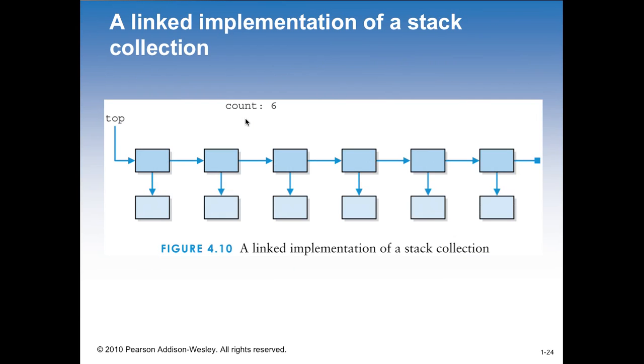So this is what it would essentially look like. A linked implementation of a stack collection looks like our array, except we don't have index numbers for each one. Instead, we just have the top of the stack, which is all we're concerned with, because we're adding on to the top and we're taking away from the top.